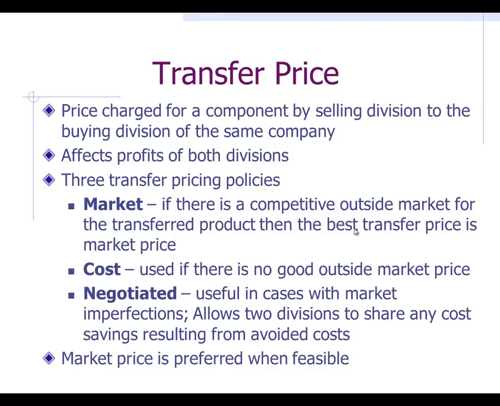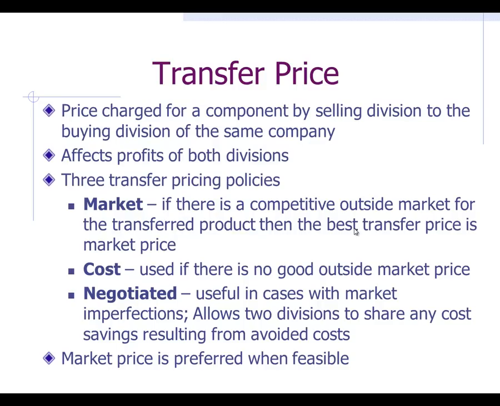So the manager of the batteries wants it to be as profitable as possible. The manager of the computer division wants to be as profitable as possible. And so here is your issue. The computer division needs the batteries from the battery division, but it's all part of the same company, which is Sony. So what happens is you have to come up with what we call a transfer price.